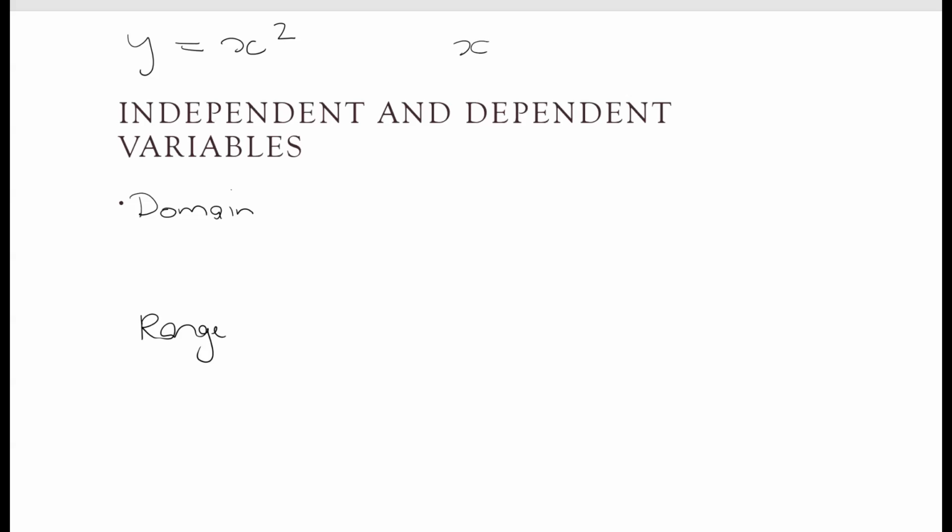So x in this case is the independent variable, and y is the dependent variable, because it depends on what you chose for x.